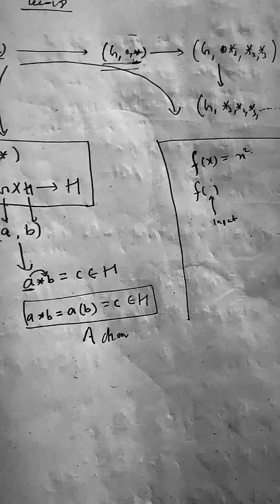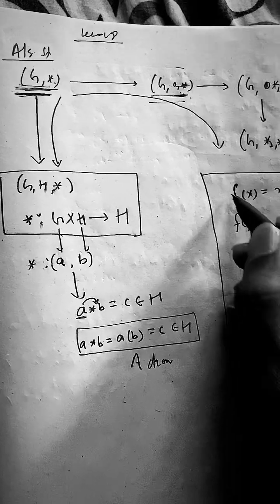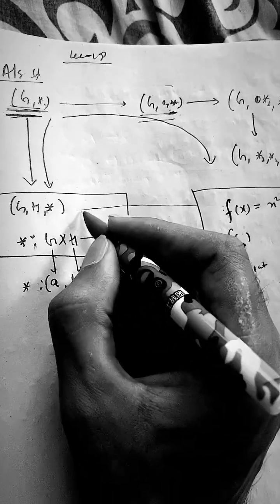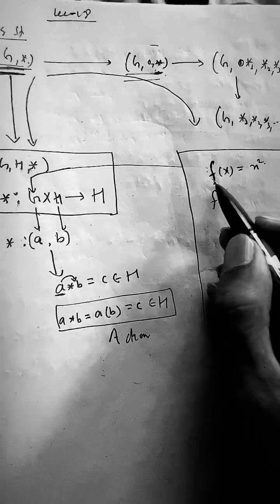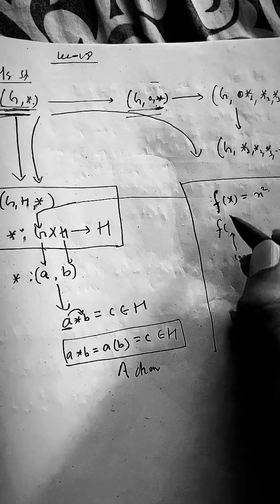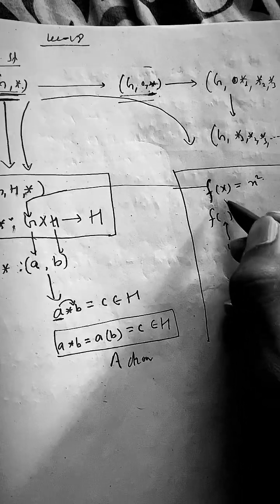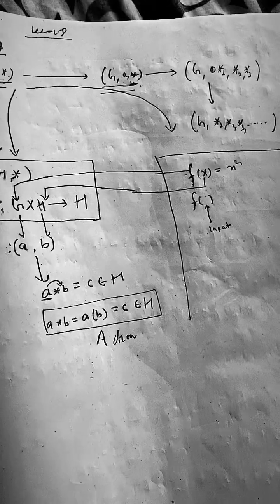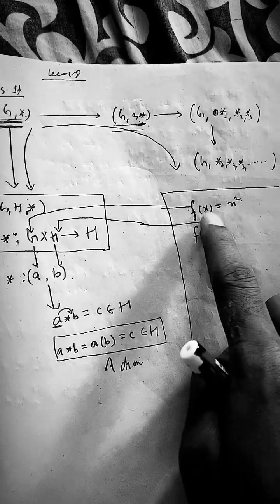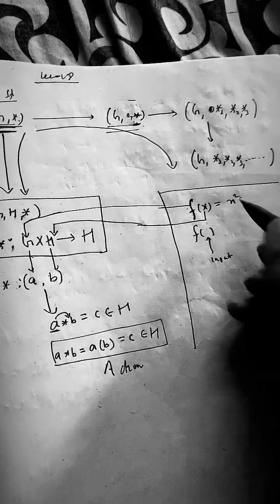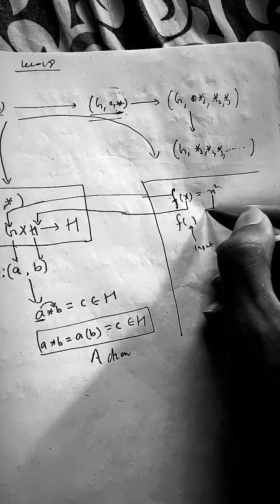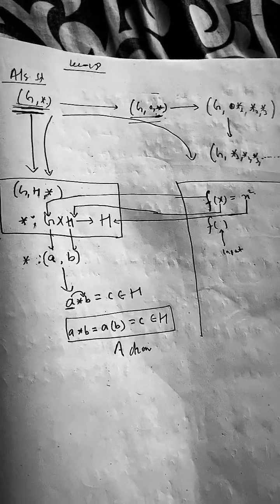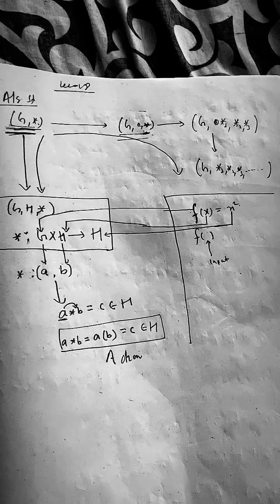Now imagine this way, this f is coming from G, and this input x is coming from H, right? So when f acts on x, it is producing x square, a number, and that is coming from H, right? This is how it's happening.